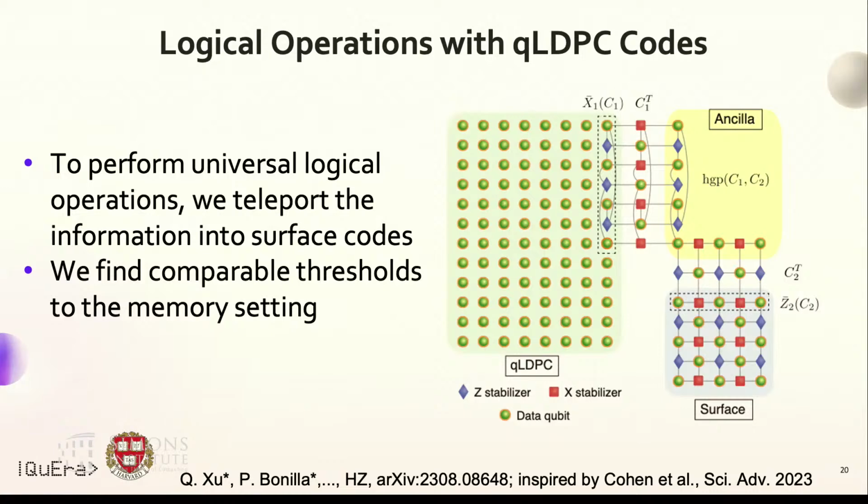We ran the same circuit-level simulations, and it was quite encouraging to find that you still get pretty comparable thresholds to the regular memory case, which a priori you might not expect, because the LDPC code, which typically has a lot of expansion, might look quite different from the surface code, which is local and somewhat topological. Nonetheless, the numerics were encouraging as a starting point, and it will be interesting to see future improvements.